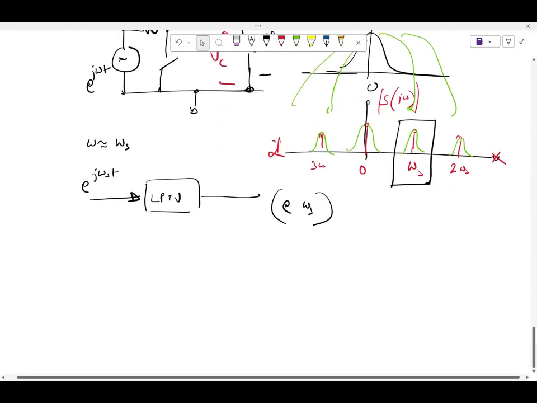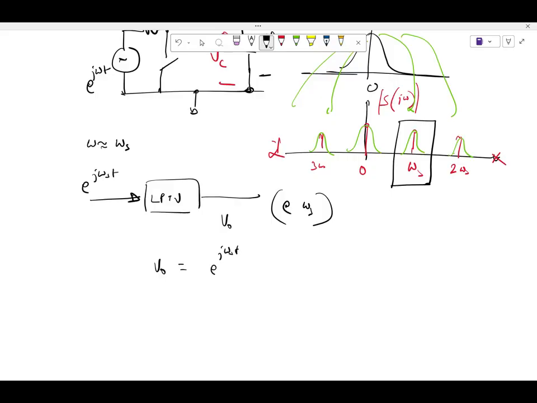So given the fact that I know that your V naught is e power j omega s t times the transfer function, where the transfer function is the sum of hk j omega s e power j k omega s t for all k, right? Which hk am I looking at? What value of k am I looking at? If my input is at omega s, the output is at omega s.